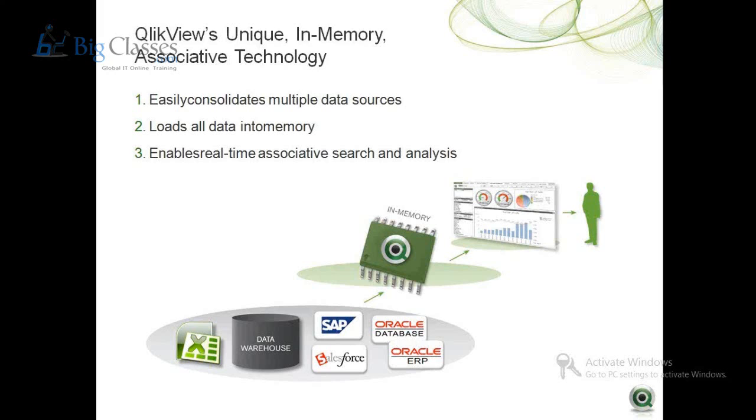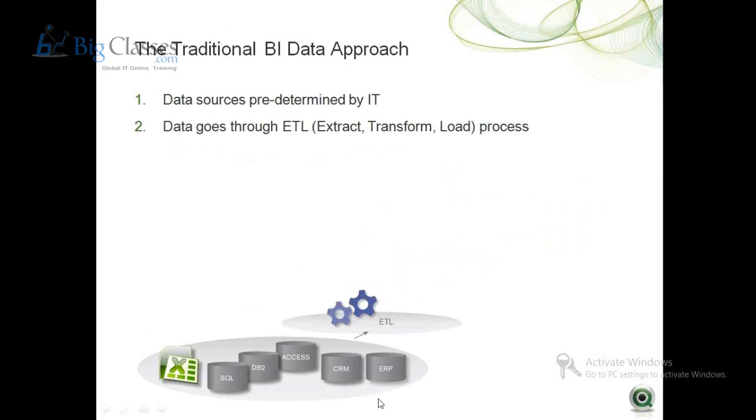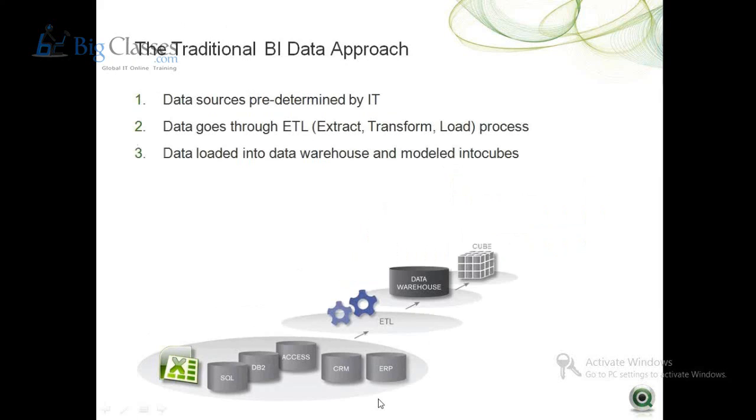Whereas in the traditional BI approach, there is a database or other data sources, then the ETL activity has to be performed, then you have to load it into your data warehouse. If it is going to be Cognos, then a cube will be created. If it is going to be Business Objects, then a universe will be created on top of the data warehouse. Then you do all your analysis.